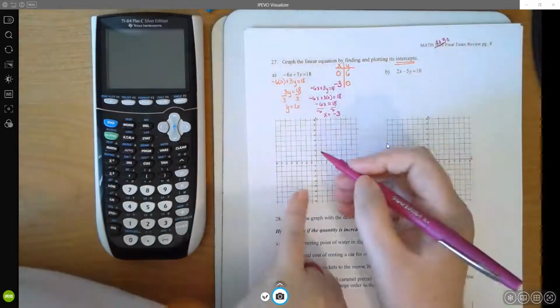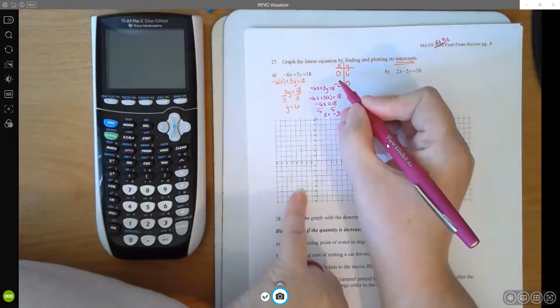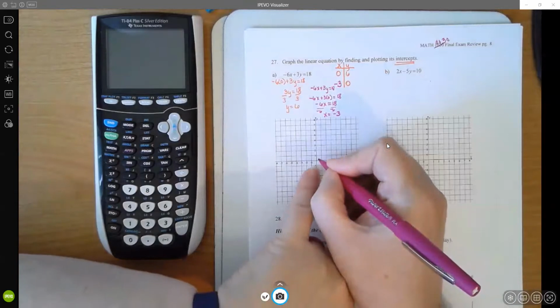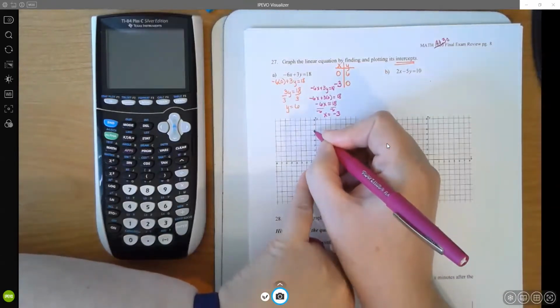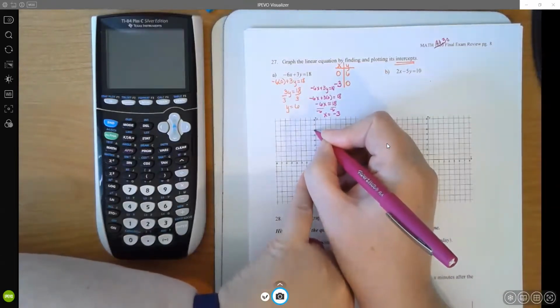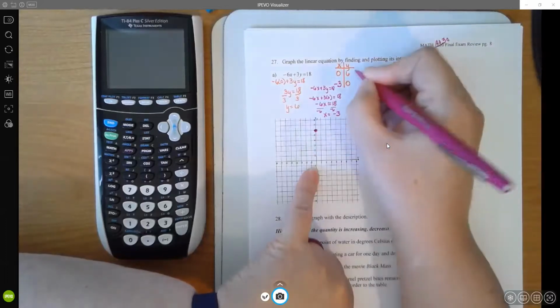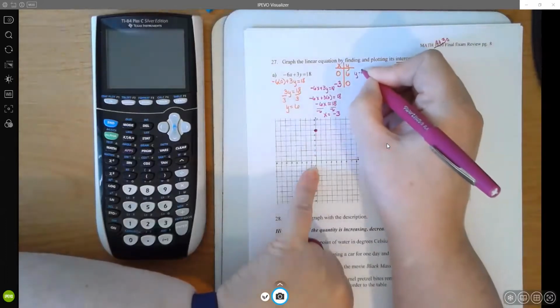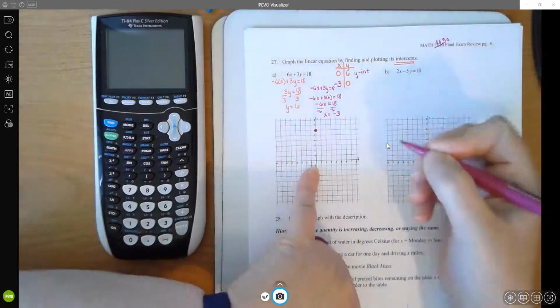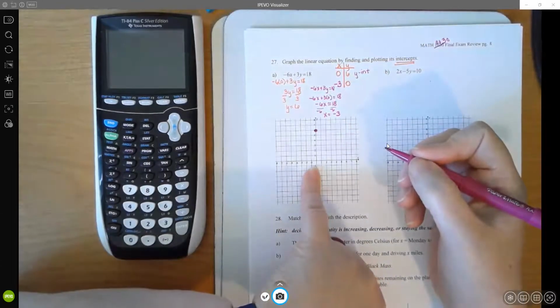So I'm going to graph those points. Remember, these are ordered pairs. So I go 0, then up 6. When I let the x be 0, that is my y-intercept, because I have the y left.